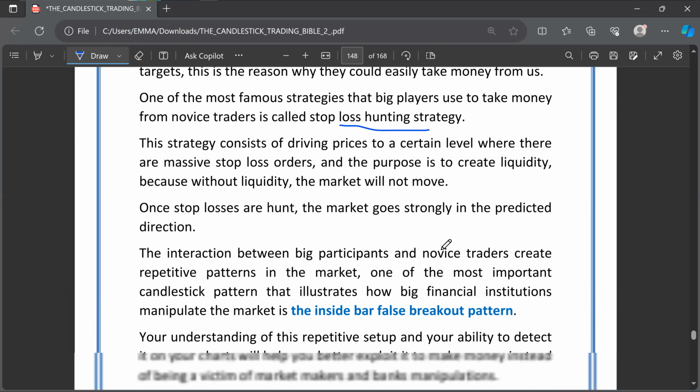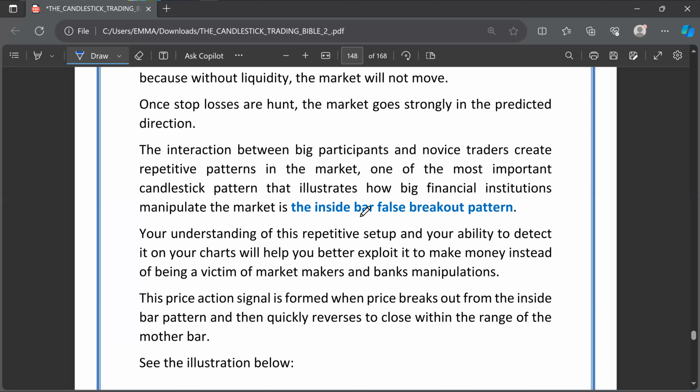Like I said, the interaction between big participants and novice traders creates repetitive patterns in the market. One of the most important candlestick patterns that illustrates how big financial institutions manipulate the market is the inside bar false breakout pattern. So if you're able to master this, it's very good.